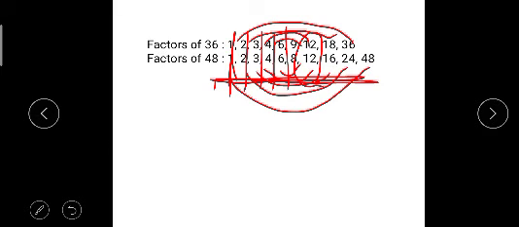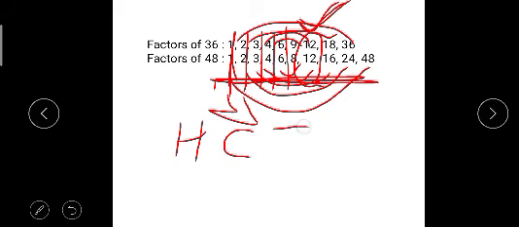Then there is no other common factor. So if we see which is the highest common factor among 1, 2, 3, 4, 6 and 12, the highest is 12. Okay, so in this way we can find the HCF, which means highest common factor.